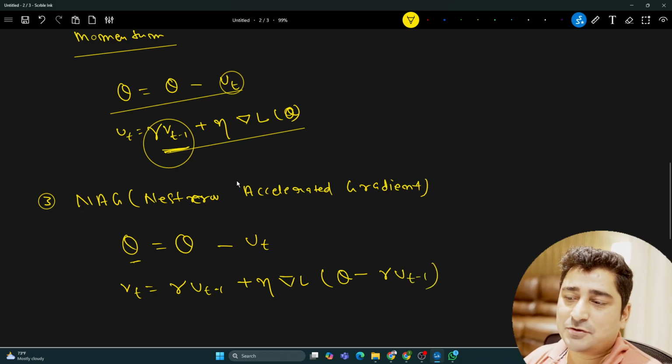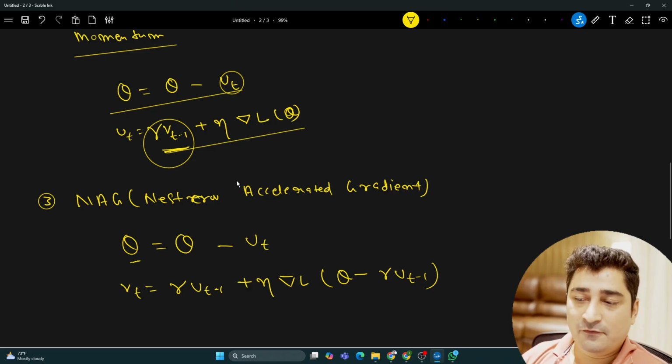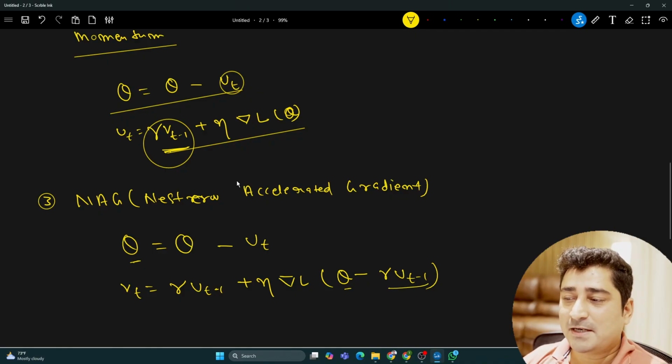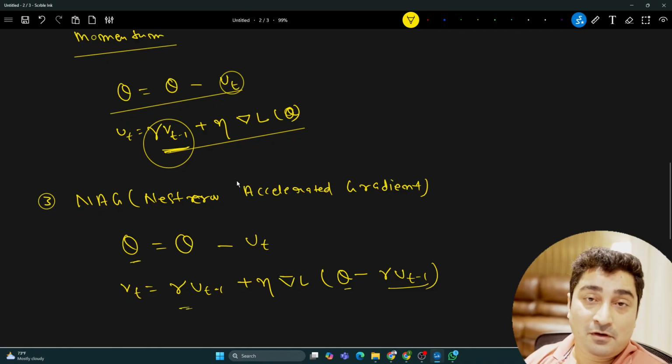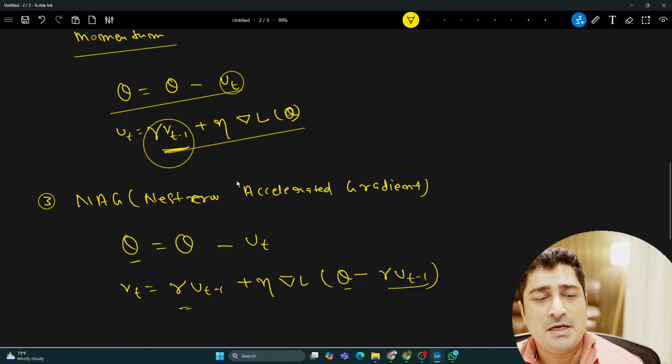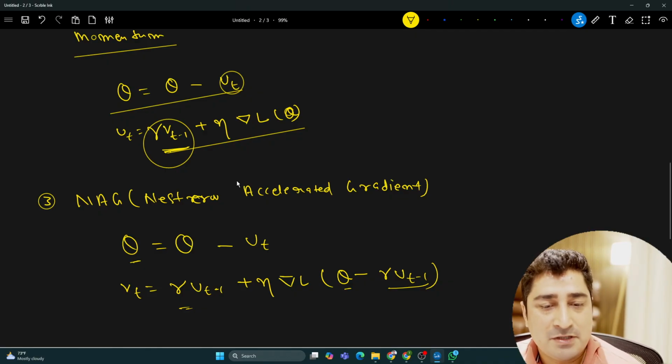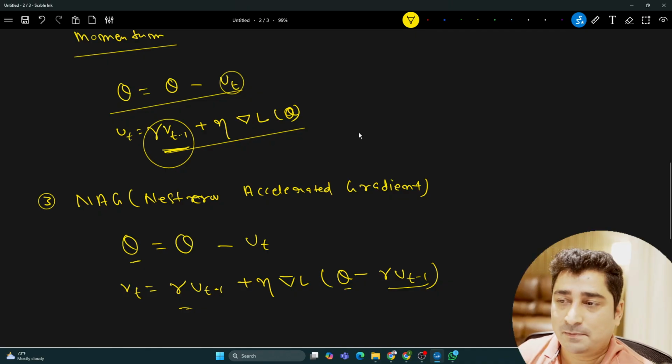So this time I'll find the partial derivative not just with the weight or the biases, but with respect to the previous value as well. This was the change which was made. What it does is it will always try to look ahead before computing the gradient, which leads to a more accurate update. So this is where Nesterov comes into the picture.